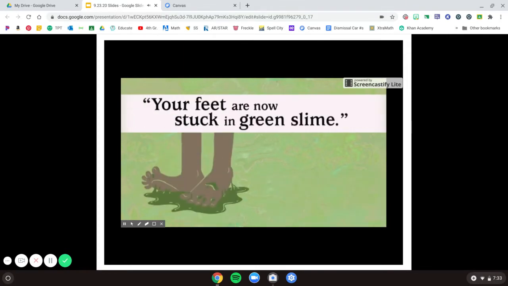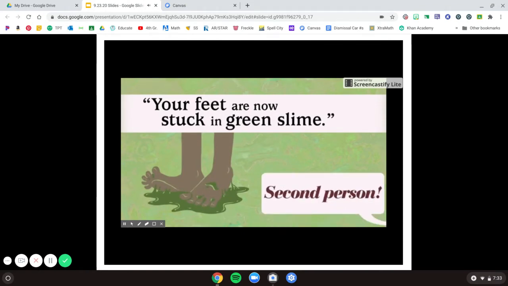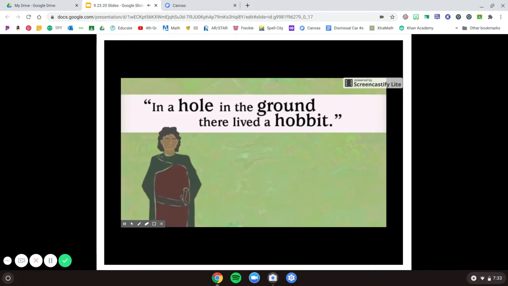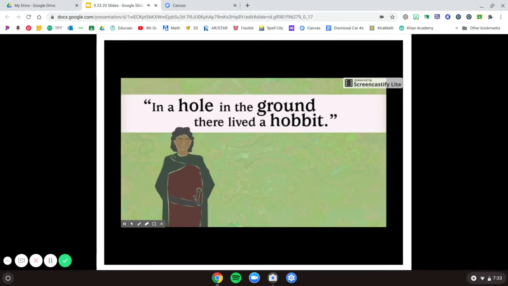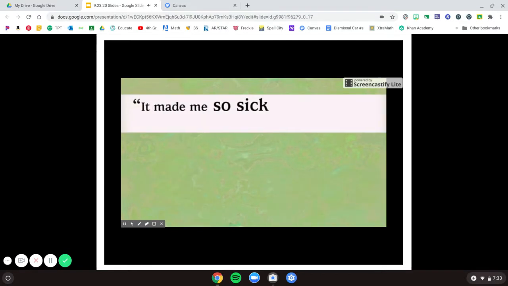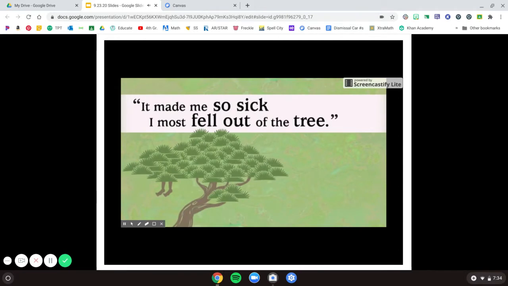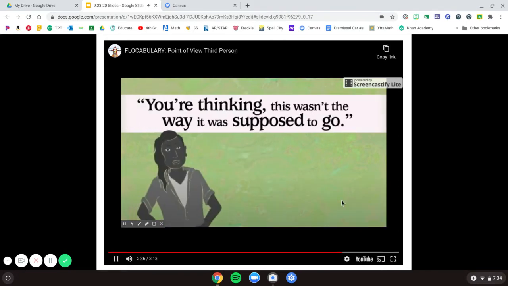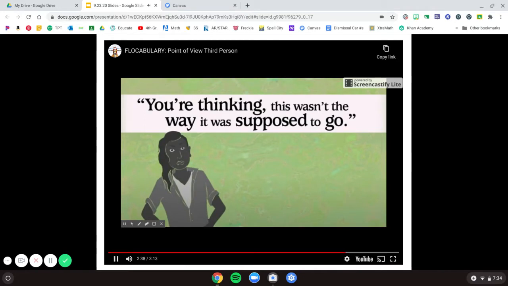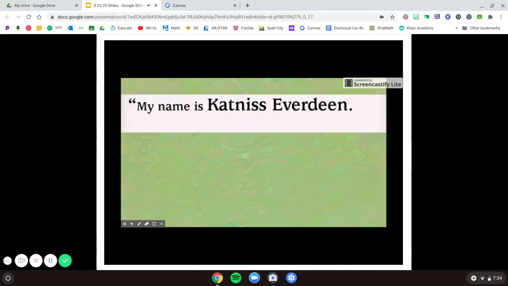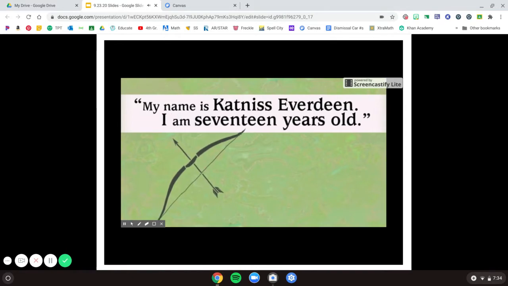Your feet are now stuck in green slime. That's second person. In the hole in the ground there lived a hobbit. That's third person. It made me so sick I almost fell out of the tree. That's first person. You're thinking this wasn't the way it was supposed to go. That's second person. My name is Katniss Everdeen. I'm 17 years old. That's first person.